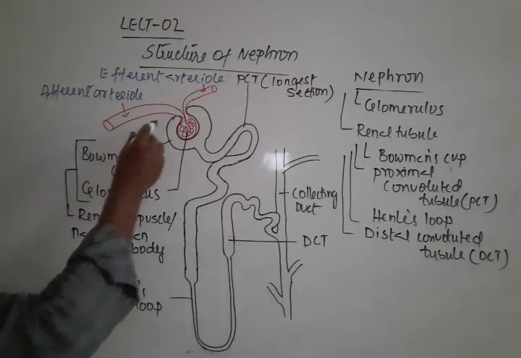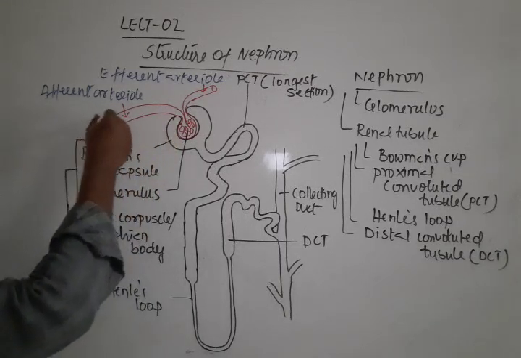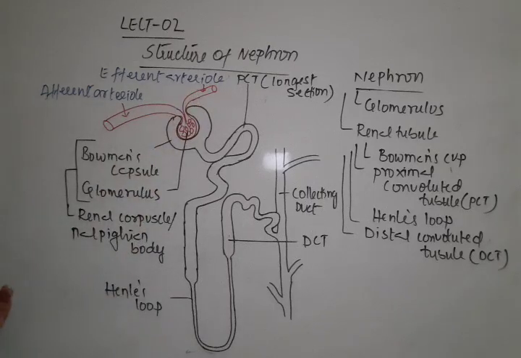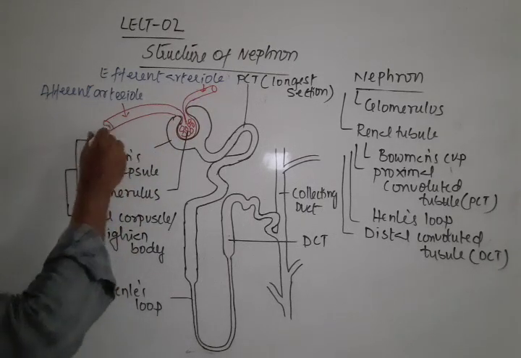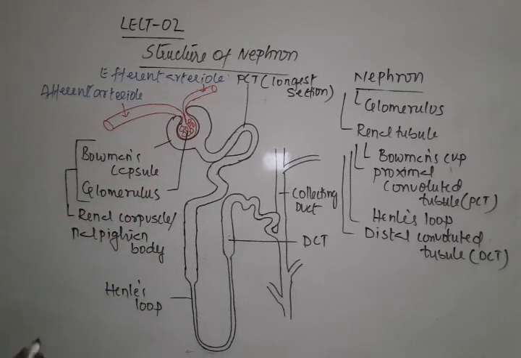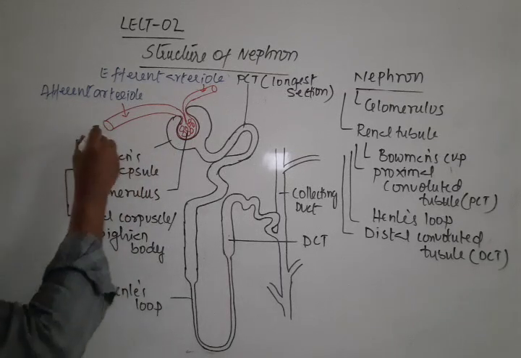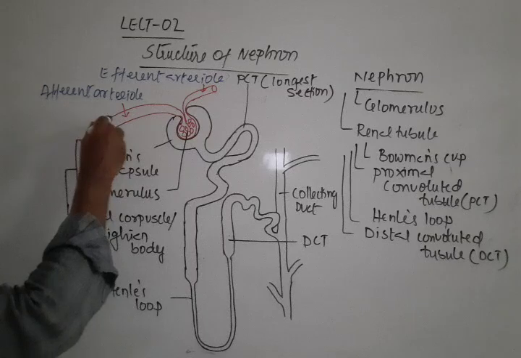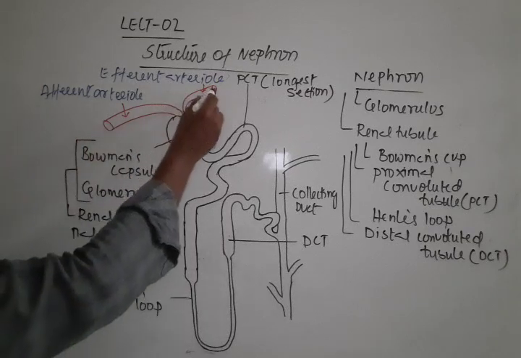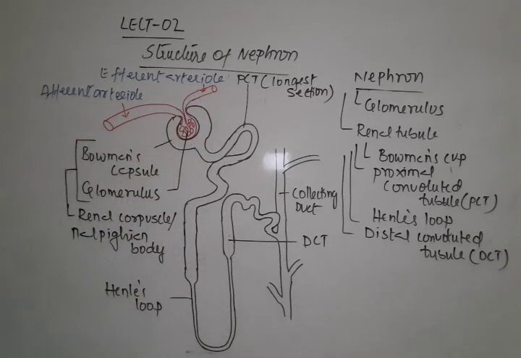Now when you see the afferent arteriole and efferent arteriole, I have drawn them with different diameters. I have shown here that the afferent arteriole has a bigger diameter when compared with the efferent arteriole.